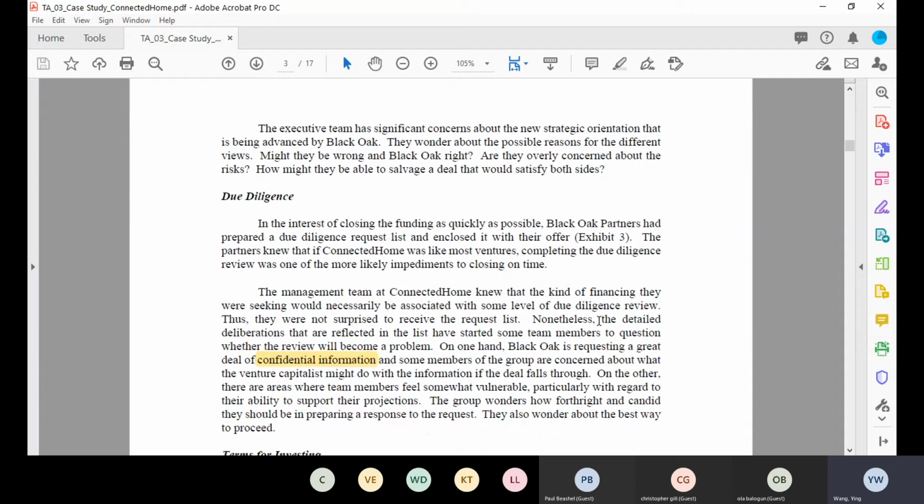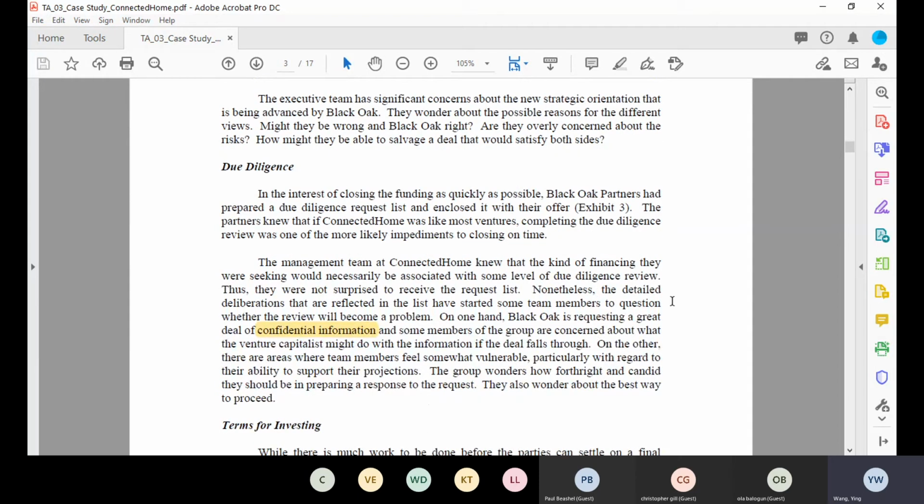But further down, there's another issue in this case study on due diligence, because the venture capital firm Black Oak Partners is interested in this investment. Therefore, they want more information.